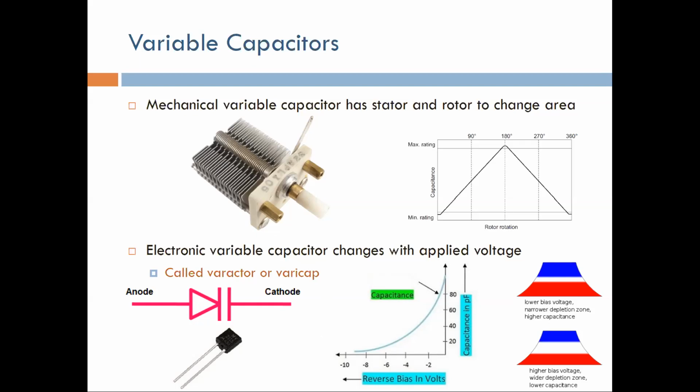So the capacitance in these types of capacitors is controlled by the voltage. Yes. Electronically you change the voltage, and this is very easy. If you worked before with an Arduino or something like that, it's very simple to generate a particular voltage.